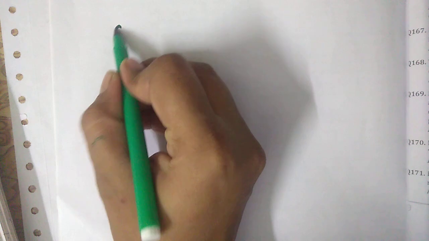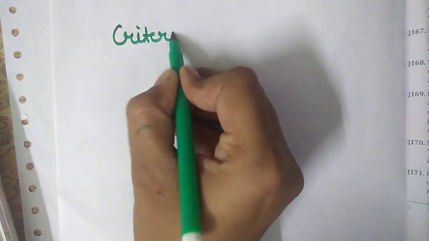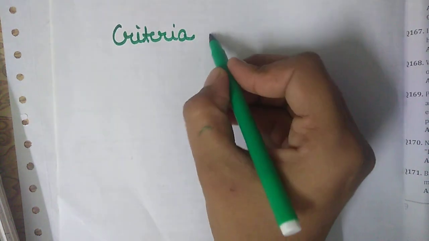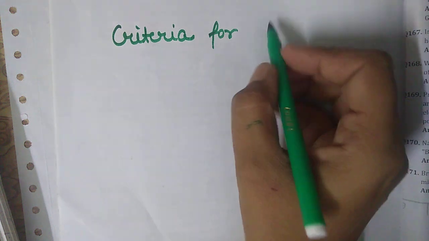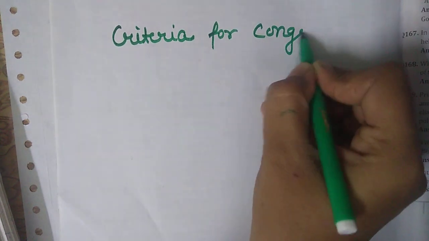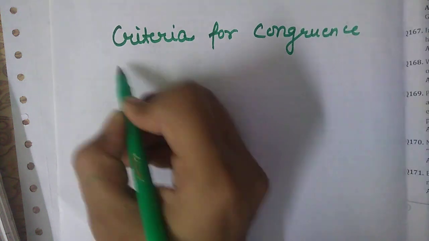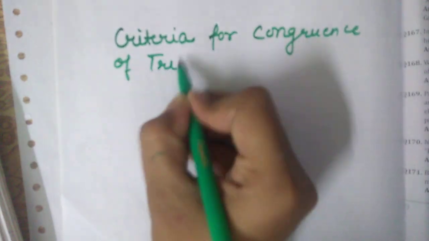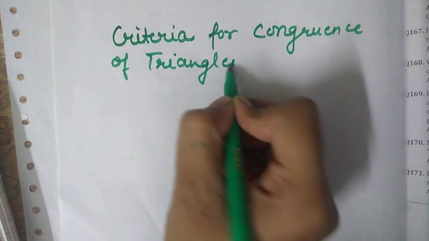Okay, they are known as criteria. They are 4 rules, or you can say criteria, for finding whether the triangles are congruent or not. So criteria for congruence of triangles. Okay, this we will learn.